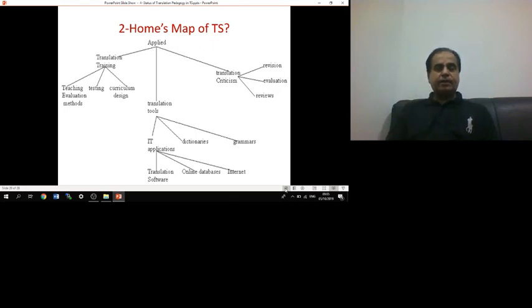This is number one. But the translation training is not confined to these three things. It is also related to the translation tools, as you can see. Nowadays, in classroom teaching, dictionaries are used, grammar books are also used, IT tools are also used, and also the third part of applied translation studies is translation criticism, with the three kinds also relevant to translation pedagogy.